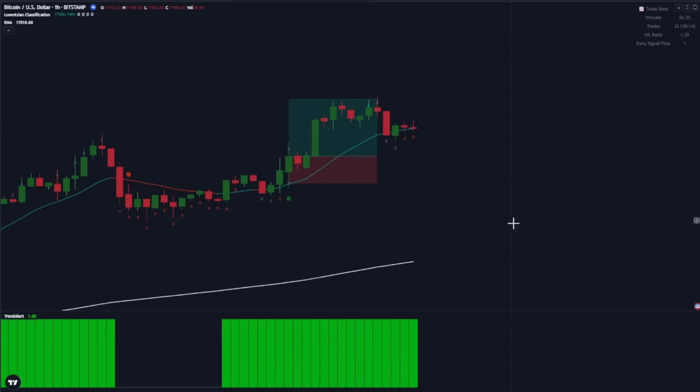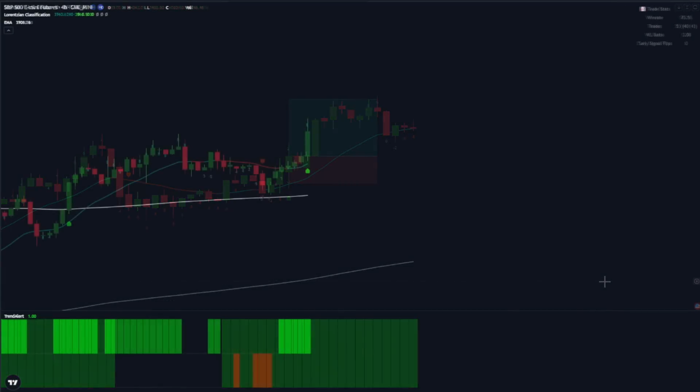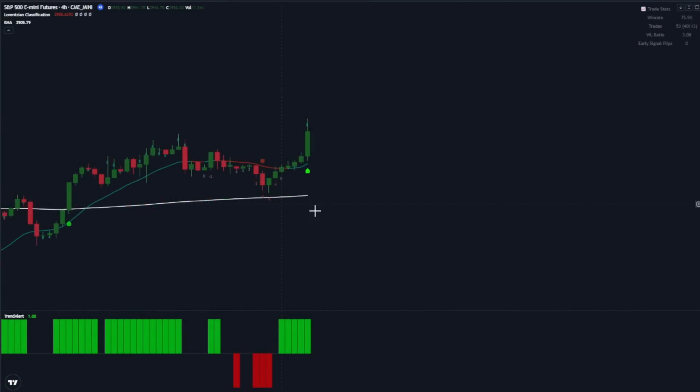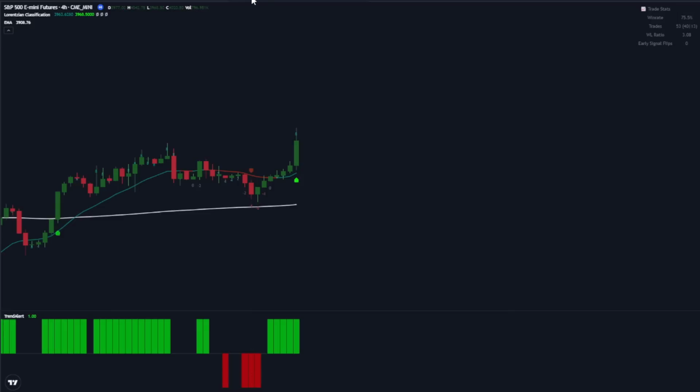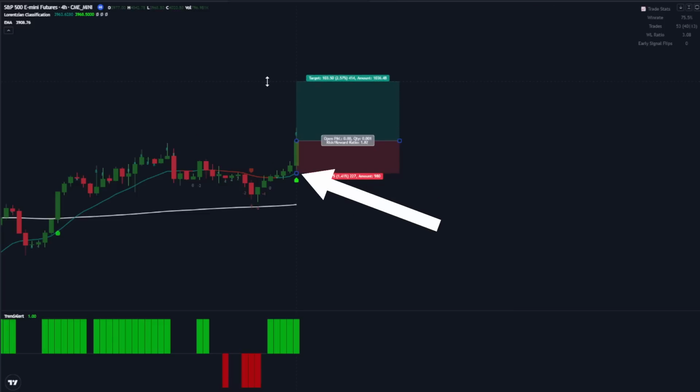Now let's look at other examples. We are now at SP 500 E-mini futures in a 4-hour time frame, and we see that the conditions for taking a long trade have been met. Once we have these conditions confirmed, we will set our stop loss at the moving average of the AI, and our take profit will be a risk-reward ratio of 1 to 2.